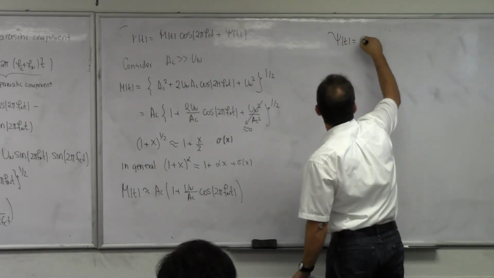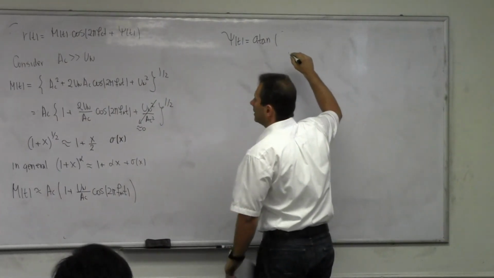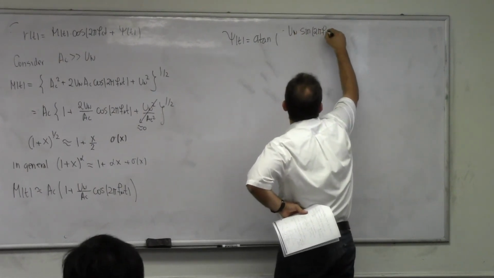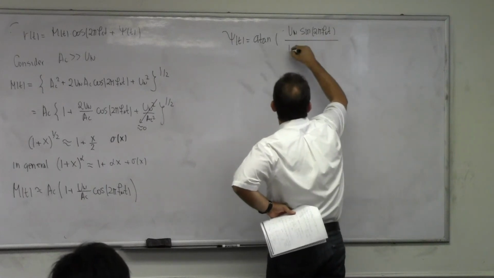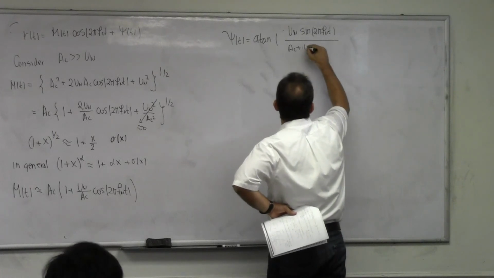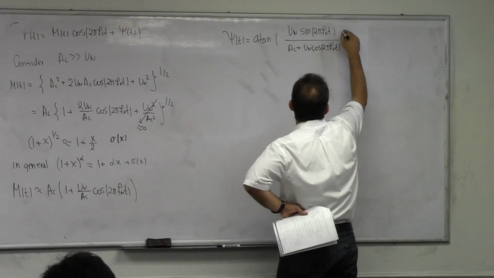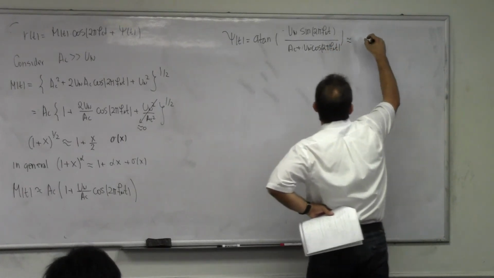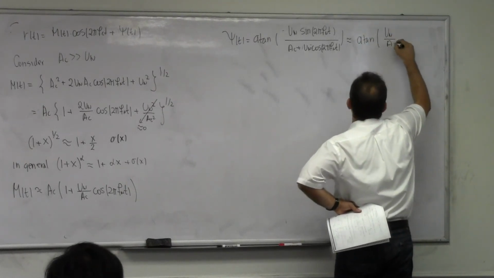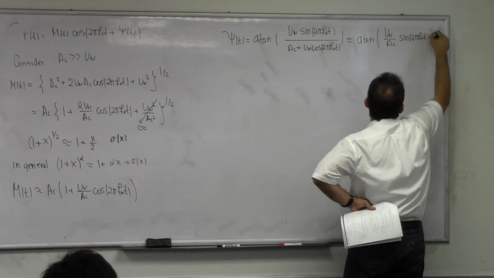This psi(t) was arctangent of UN sine 2 pi Fn t over AC plus UN cosine 2 pi Fn t, which is approximately arctangent of UN over AC times sine 2 pi Fn t.